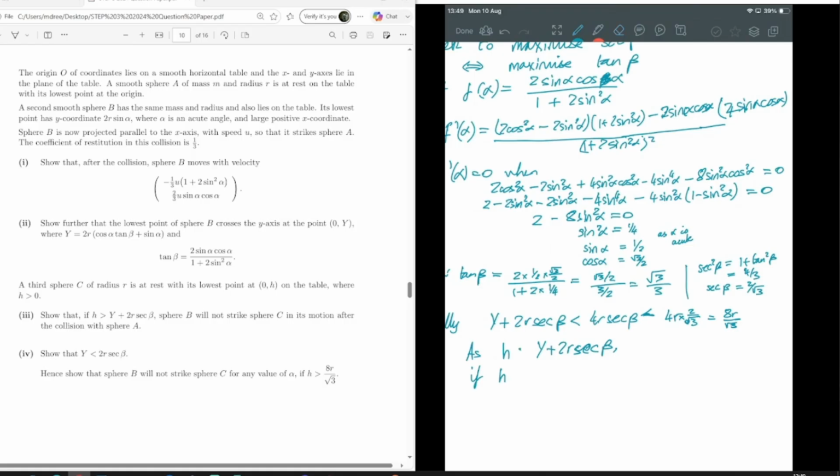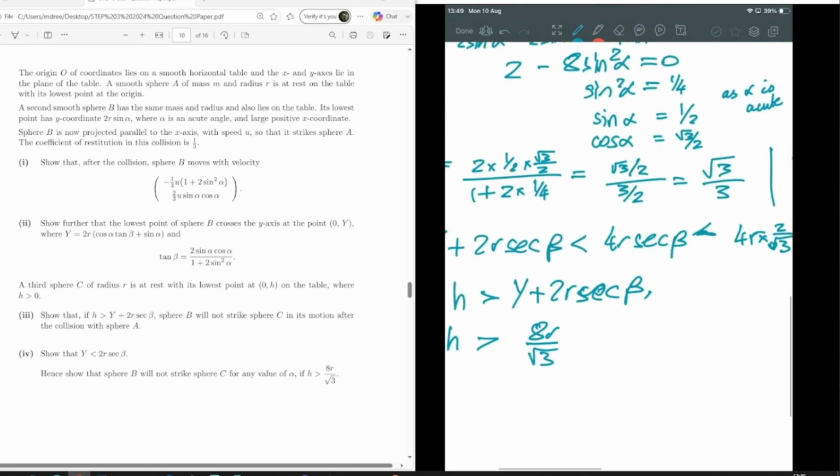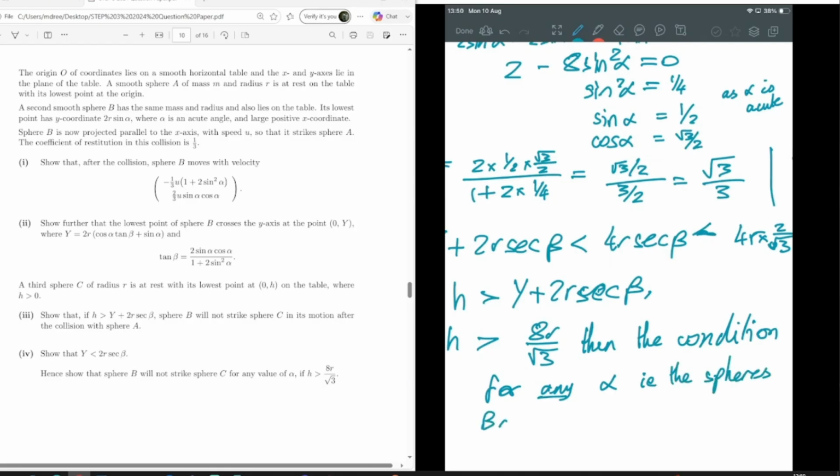As h is bigger than this, if h is bigger than 8r over root 3, then the condition holds for any alpha, i.e. the spheres B and C do not collide.